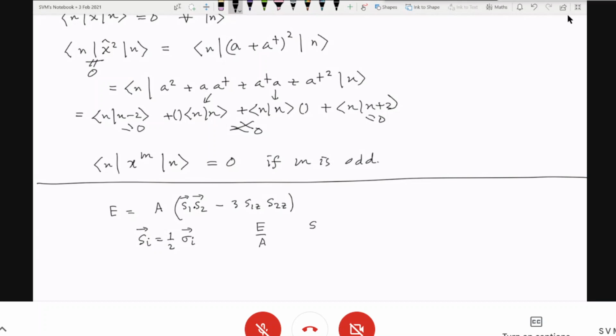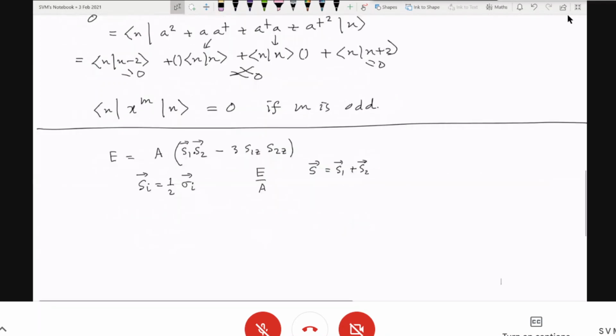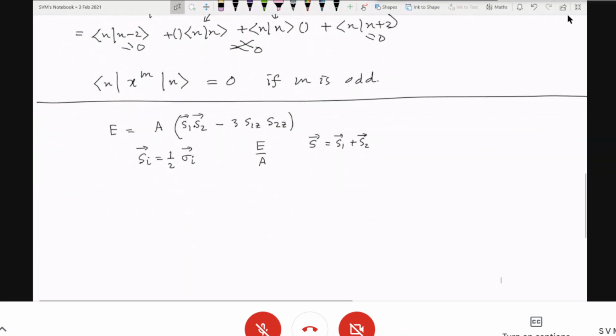So they are asking the value of E by A, and it will be in terms of some h bar and things.